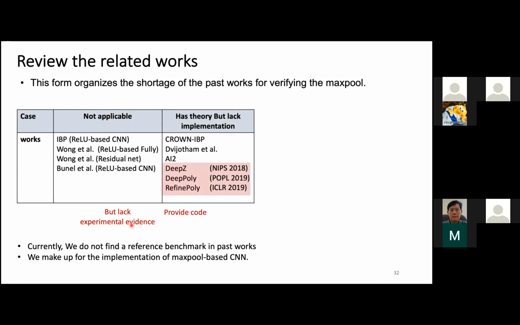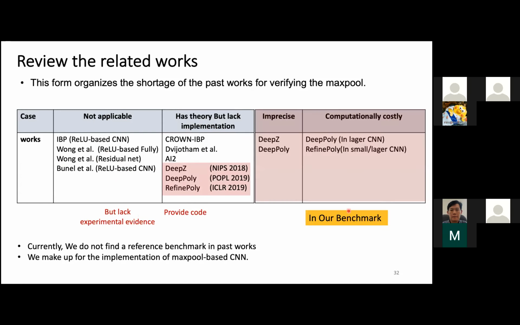So we ran experiments on our benchmark, and we also divide these works into 2 cases in our experiment results: one is imprecise, and another is computationally costly. So here I will verify these 2 cases in the experiment part.